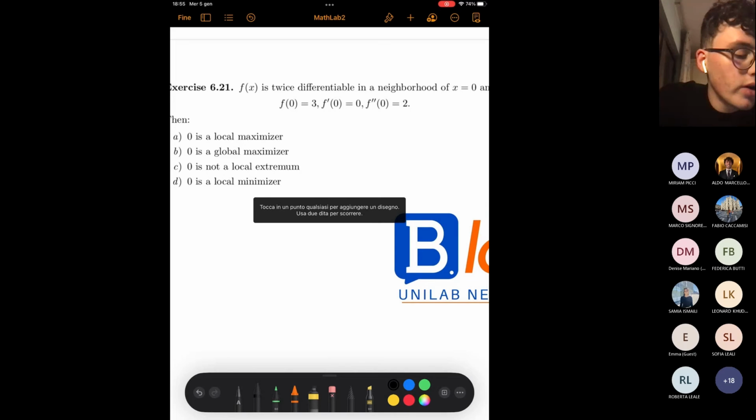If the second derivative is greater than 0, the function is concave up. Instead, if the second derivative is less than 0, the function is concave down.